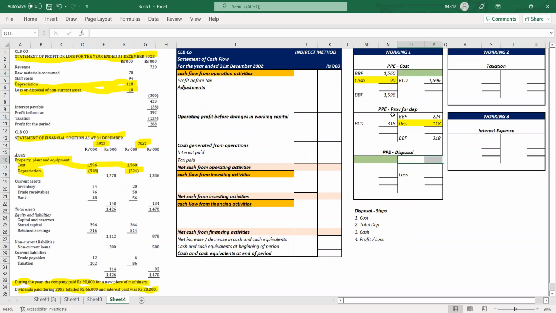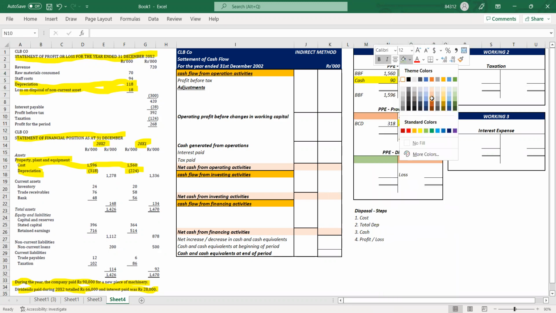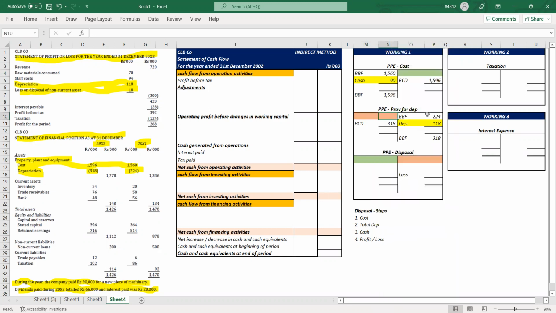Then you can transfer the depreciation. Total depreciation is the difference in the provision for depreciation account. That also you can find out from this. Okay, number 2.